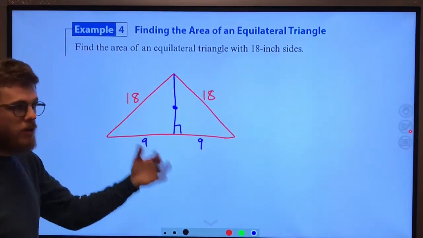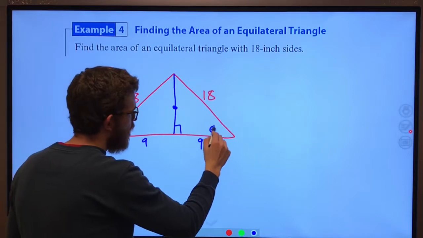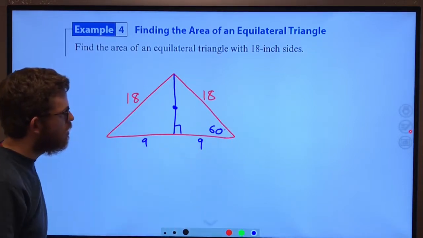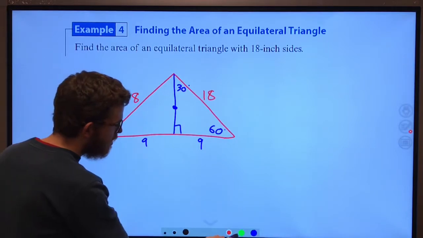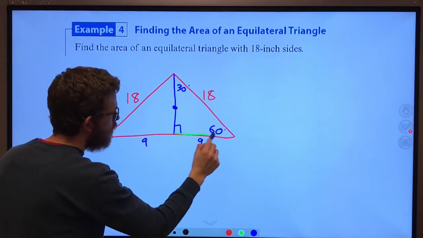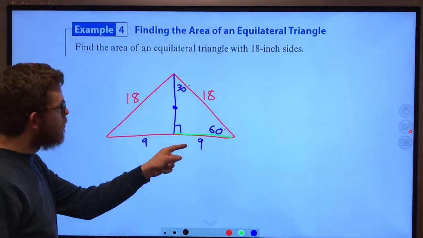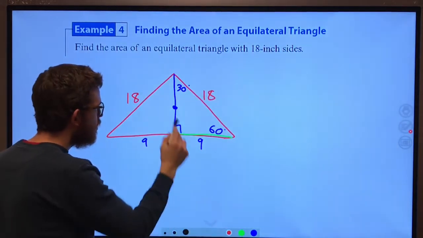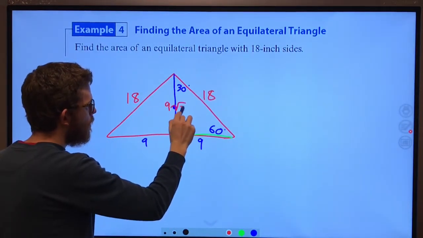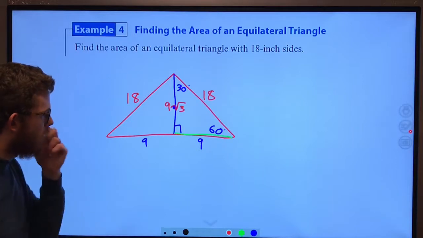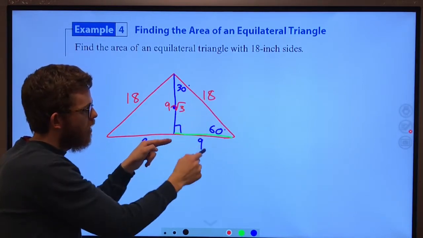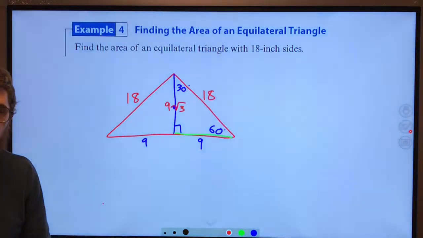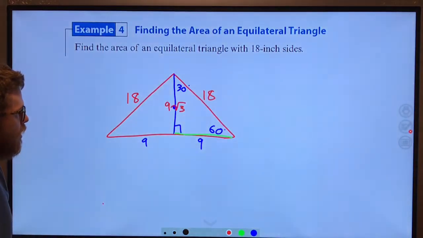I know that an equilateral triangle has 60-degree angles, which makes this a 30-60-90 triangle. We take the length of the smallest side and multiply it by the square root of 3 to get the height right there. Notice how it's the shortest length doubled to get the hypotenuse, times the square root of 3 to get the height in this case.